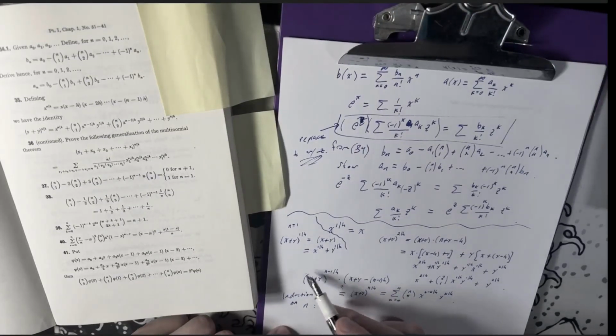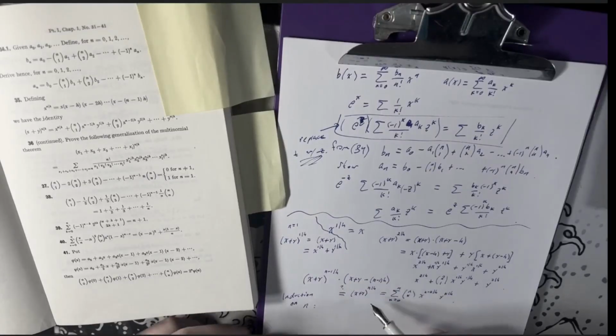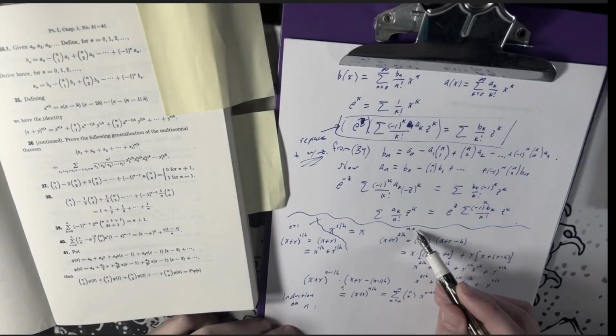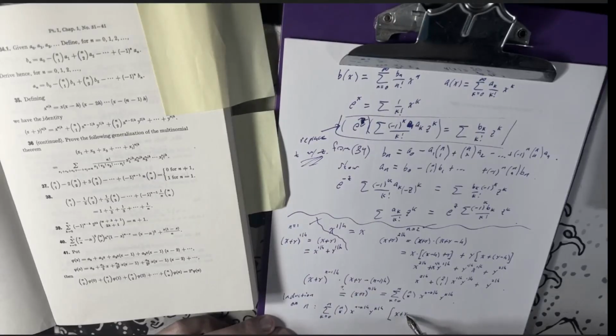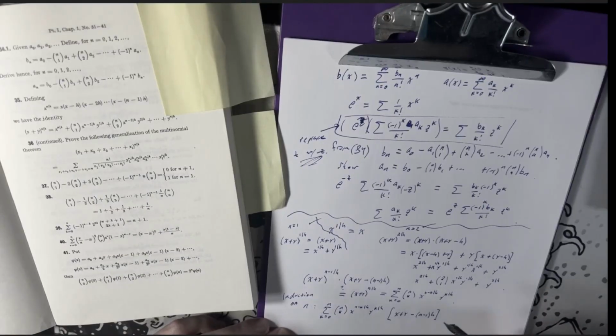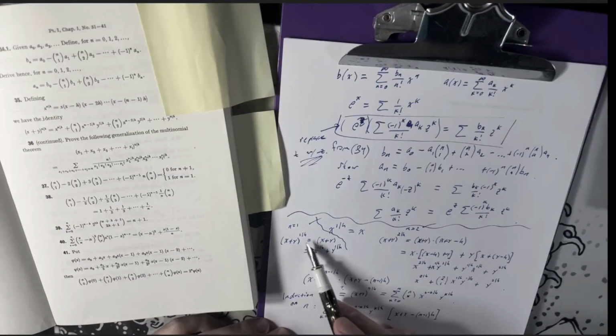So here we're assuming that it's true for this case. I mean, I already saw that it's true for 1 and 2. But now we're assuming that it's true for n minus 1. Knowing that this part can be expressed as a sum of n choose k, x to the n minus k h, y to the k h, as k goes from 0 to n. And then we're going to multiply this by the next term, the last factor, I should say, in your definition of this little creature.